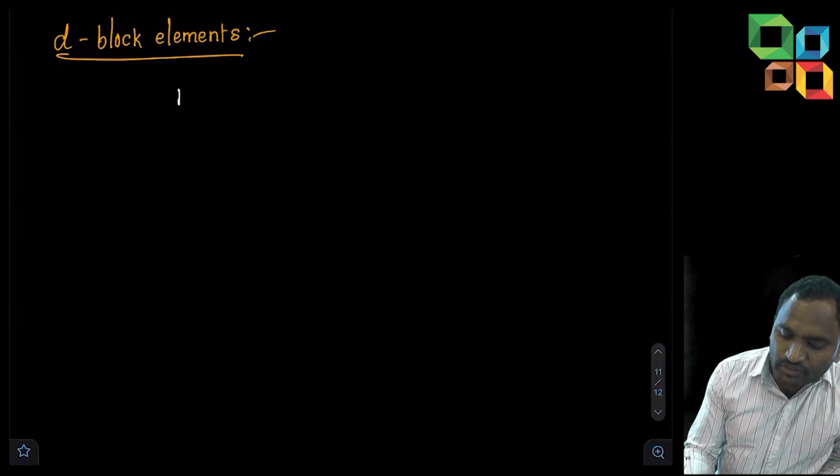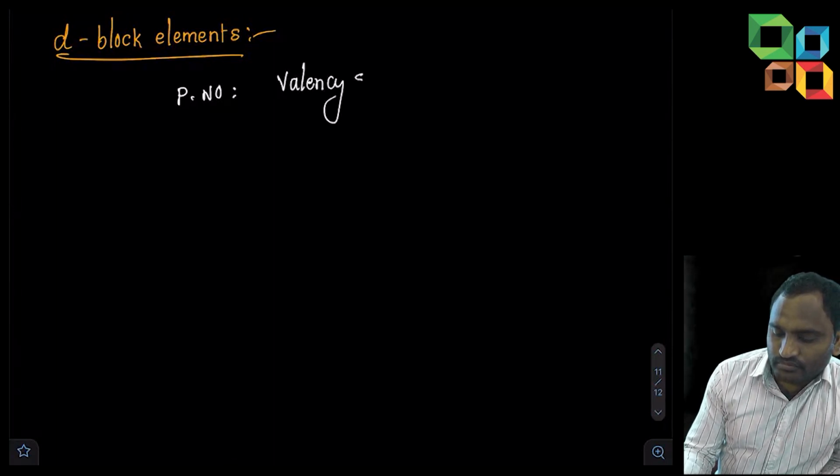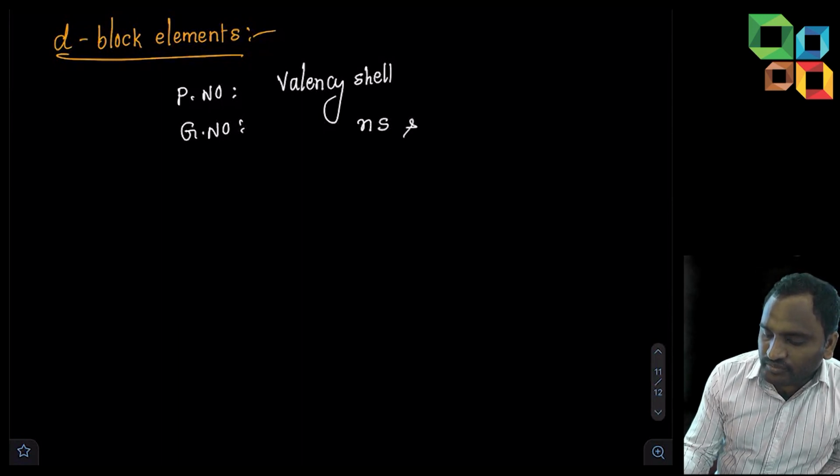In case of D block elements, period number is as is. But while considering group number, we take the sum of ns electrons and (n minus 1) d electrons.